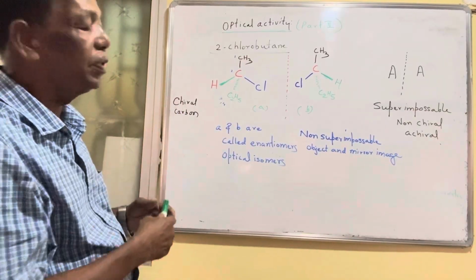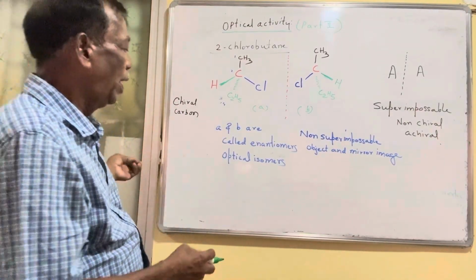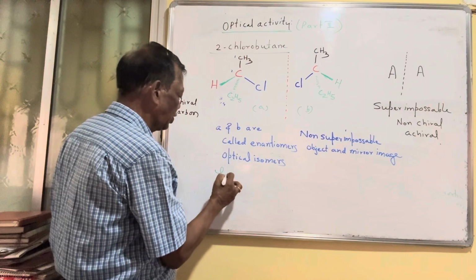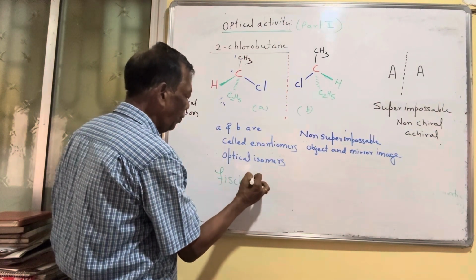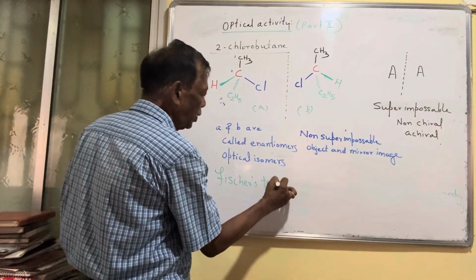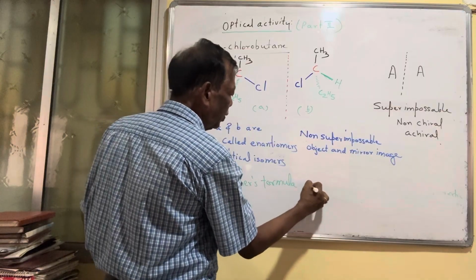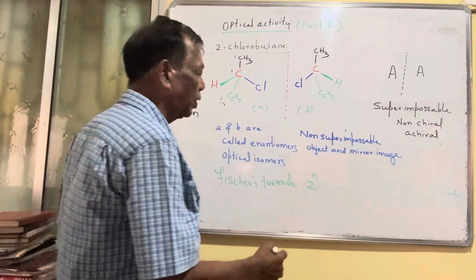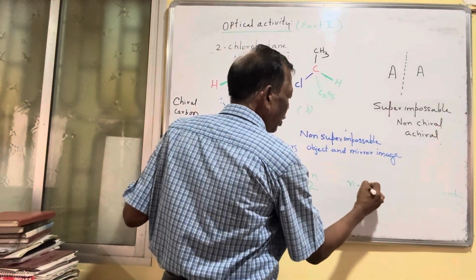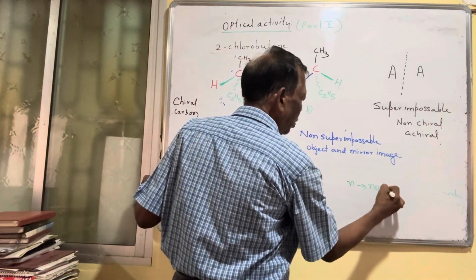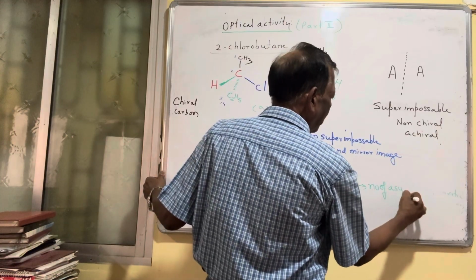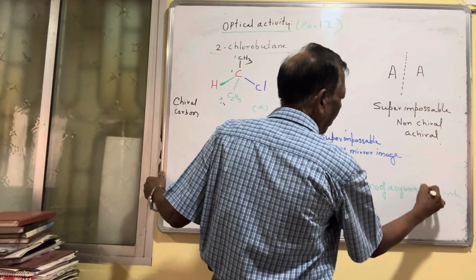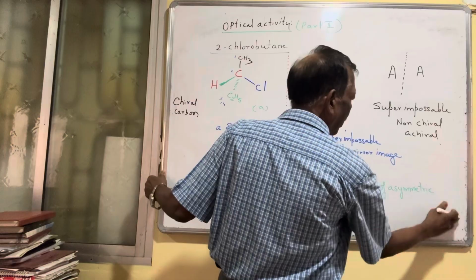Now the number of isomers possible here is 2, and that is given by what is called Fischer's formula. That is given by 2 raised to n. N represents the number of asymmetric carbons.